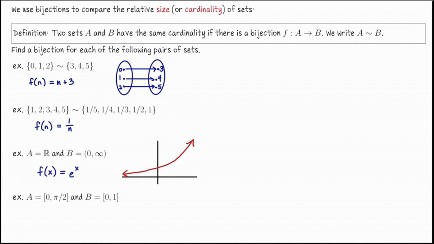So what this bijection does is give us a way to pair up every element in A with exactly one element in B and vice versa.